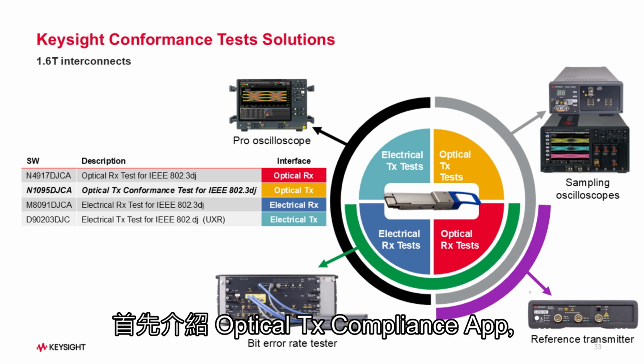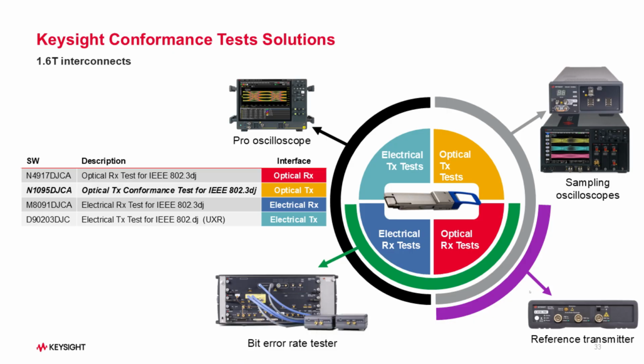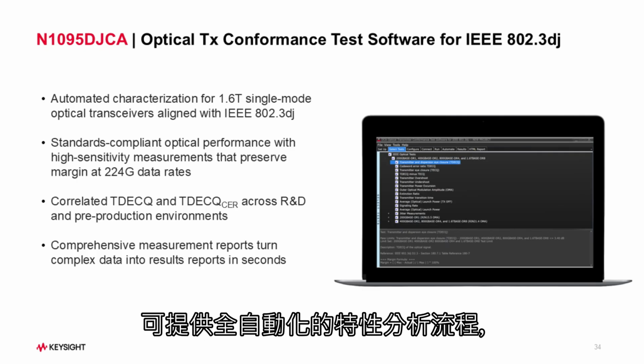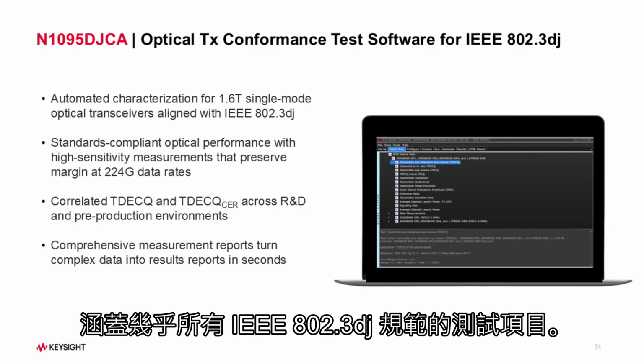So I'm going to start with the optical TX compliance app, and then we'll move on to the optical RX compliance app. So the N1095 DJCA is an optical TX conformance test software that provides a fully automated characterization workflow for 1.6T optical transceivers that covers almost all of the IEEE 802.3 DJ parameters.